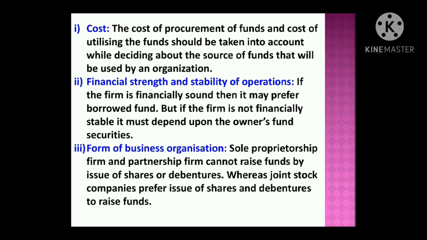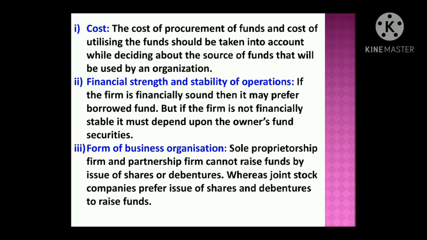And the next factor is financial strength and stability of operations. If the firm is financially sound, then it may prefer borrowed funds because it will be able to repay the borrowed fund and easily pay the interest amount also. But if the firm is not financially stable, then it must depend upon the owner's fund securities.